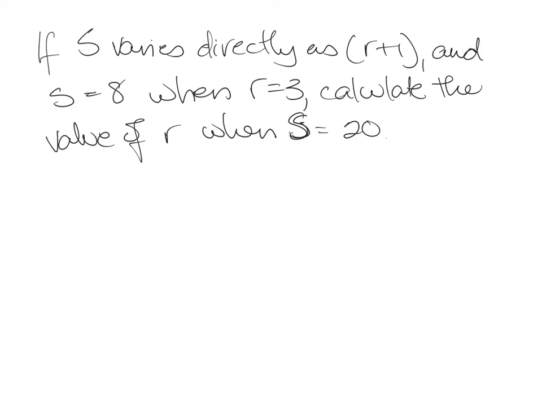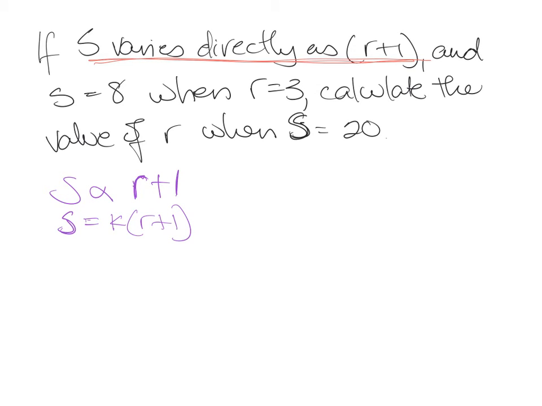Alright, so let's see what they've given to us. S varies directly as r plus 1 this time. So let's put that in mathematical terms. S varies directly as r plus 1, which tells us that s is equal to some number by r plus 1.